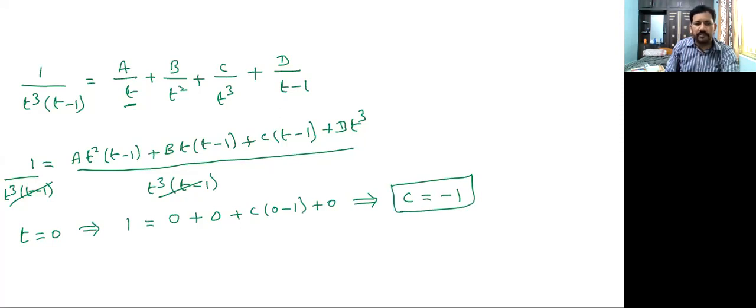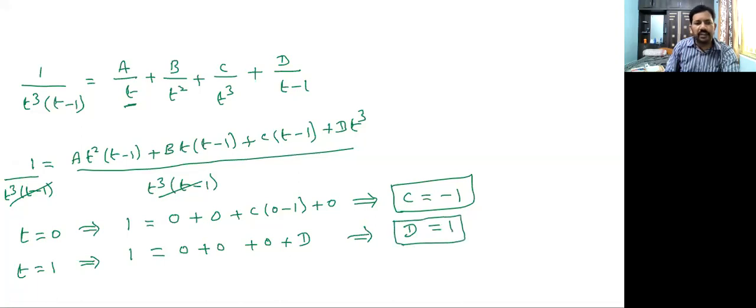We got one of the values. Now take t = 1. Wherever t − 1 is there, it goes to 0. The left hand side is 1. The first, second and third terms are 0. The fourth term is D into 1 cube, that is 1. So what is the D value? 1. We got C and D.